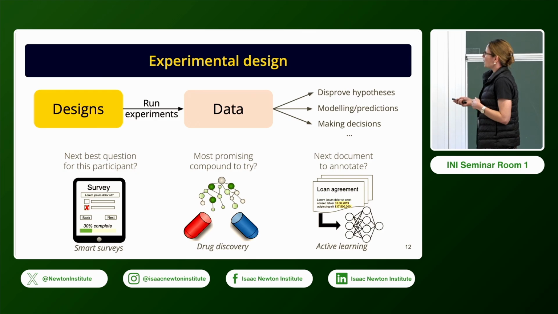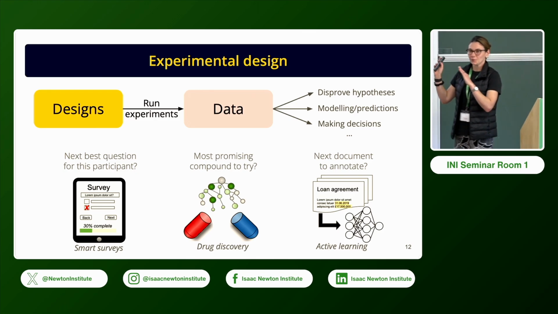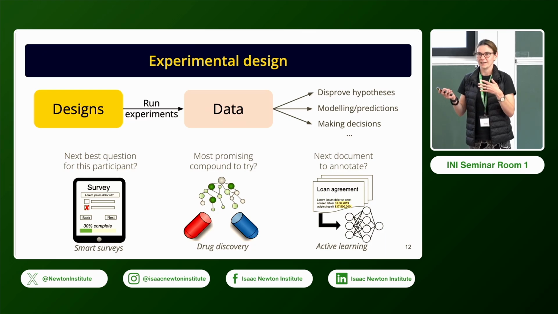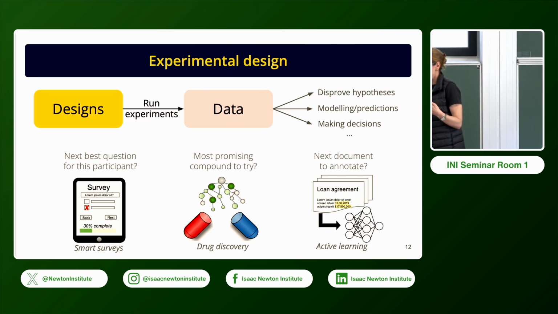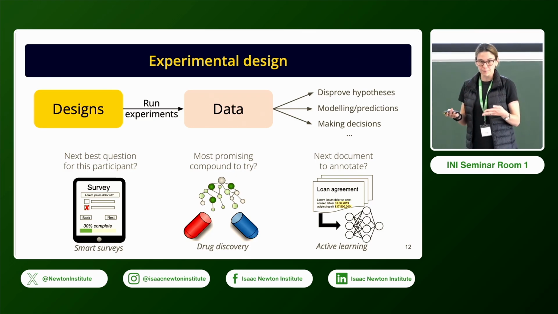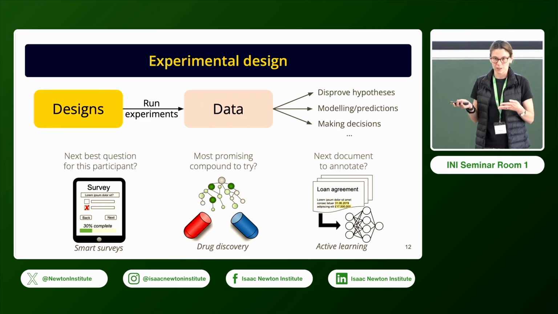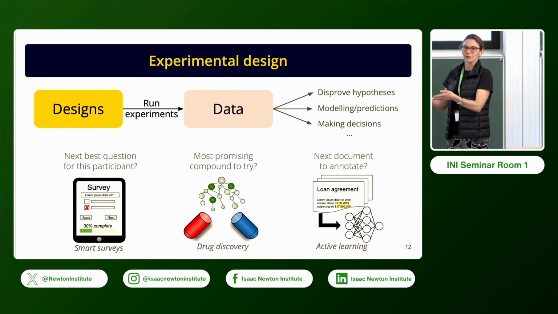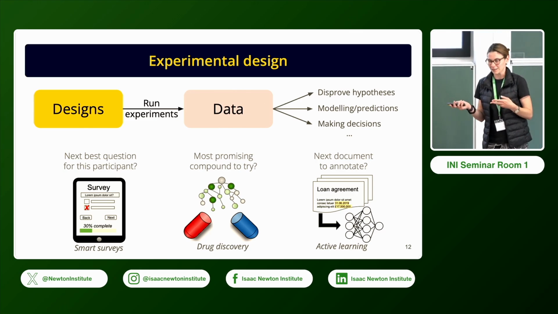Okay. Now, before we move on, I just want to highlight that experimental design is quite widespread, right? So many fundamental problems can be cast as an optimal design of experiment problem. It goes beyond the lady tasting tea experiment.